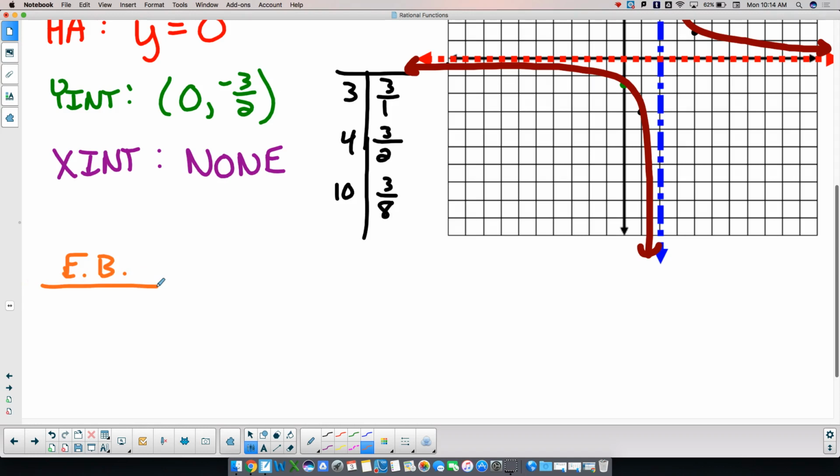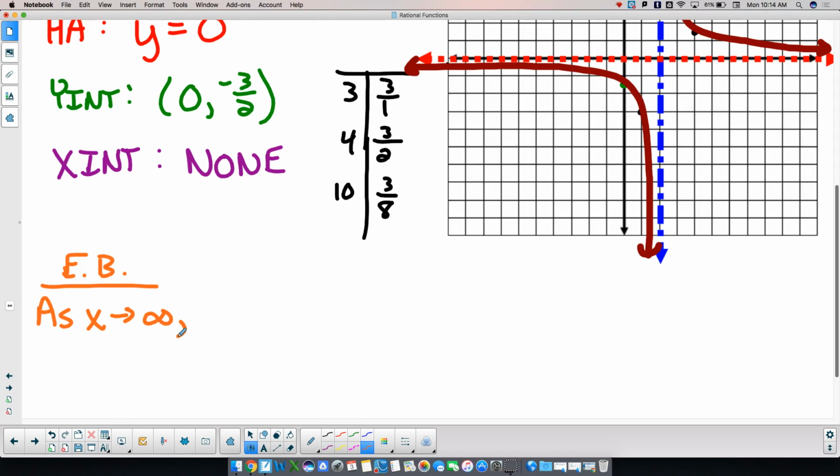So, end behavior. How do I start end behavior? As x goes to infinity. So what side of the graph are you talking about right now? The right side? Yep, the right side. Okay.